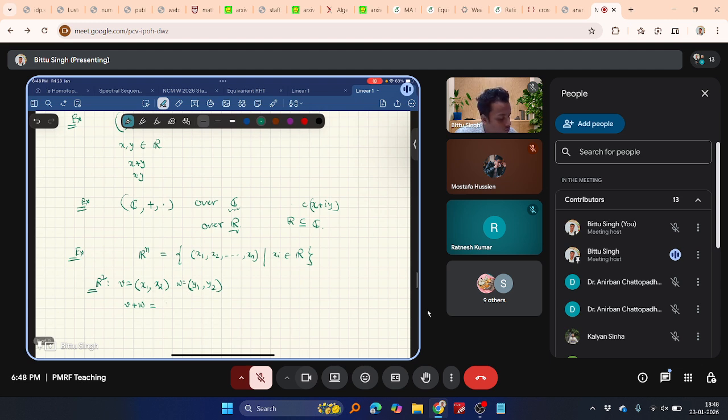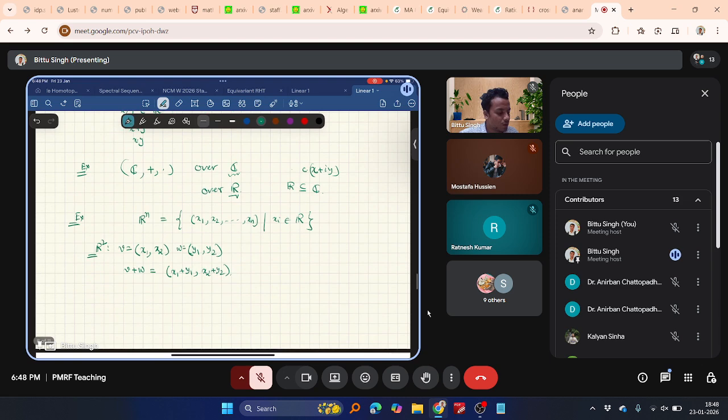So x1 plus y1, and the second will be x2 plus y2. This is what we really do in vectors. That is, in vector calculus also we can add those kinds of things.